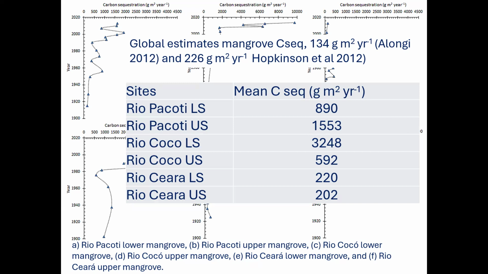Brazil is one of those areas where very little work has been done on carbon sequestration, or even on blue carbon in general. In fact, in the southern hemisphere there's been very little study apart from in Australia. So the majority of mangrove studies on blue carbon have been undertaken in the northern hemisphere.